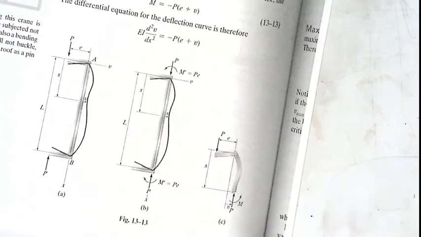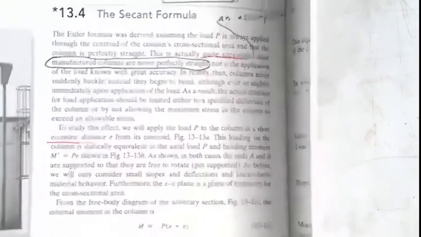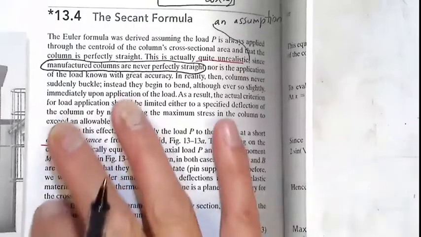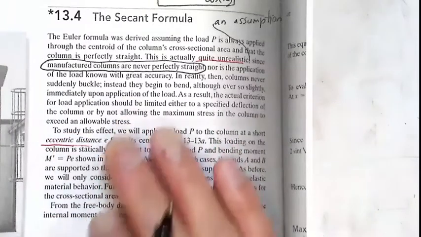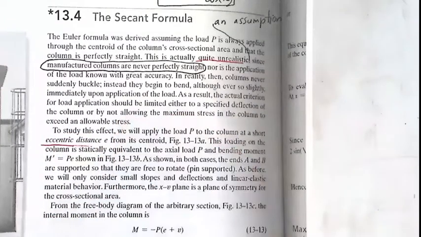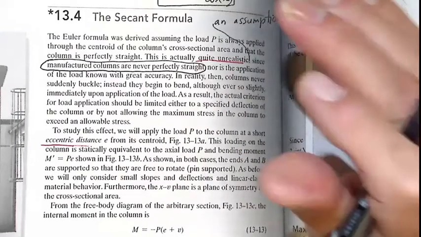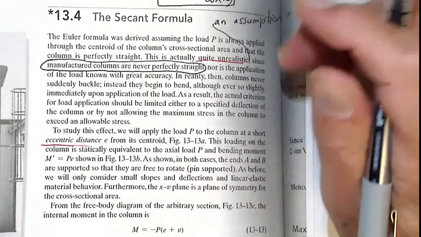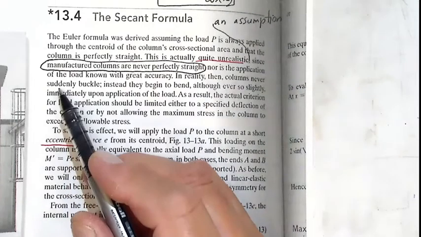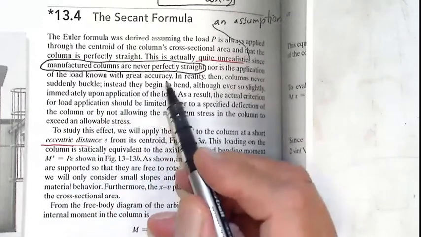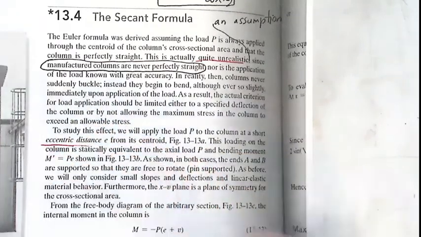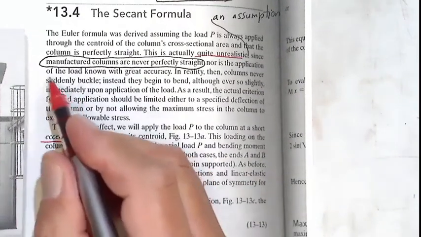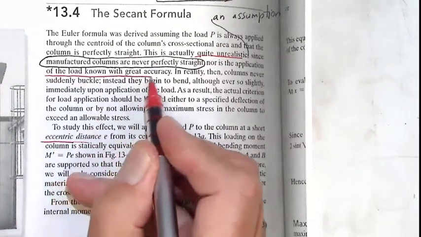Okay, here we will deal with one simple problem where no randomness will be used. We just assume that there is some deviation from the regular form, nor is the application of the load known with great accuracy. You see? Not known with great accuracy means there is uncertainty.